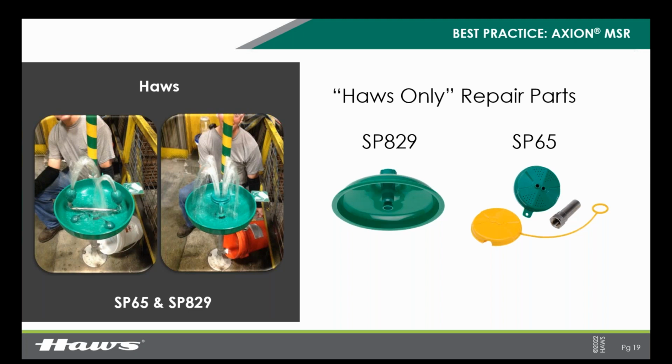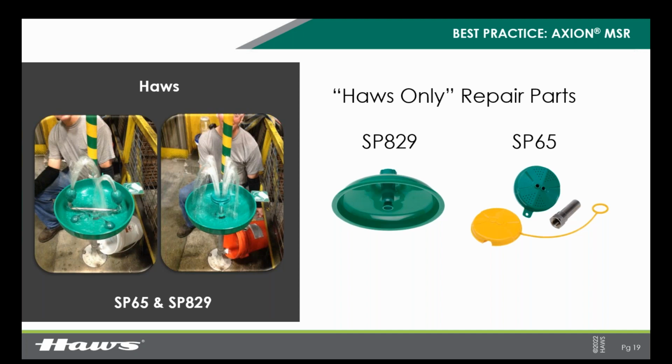Now for Haws equipment, because we have outdated equipment out there too, we had a bullhorn style type of equipment, which is just outdated. It's been that way since the 50s even. You had the bullhorn style eye washes and eye face washes, and we have our own retrofit kits. We have our own repair parts.